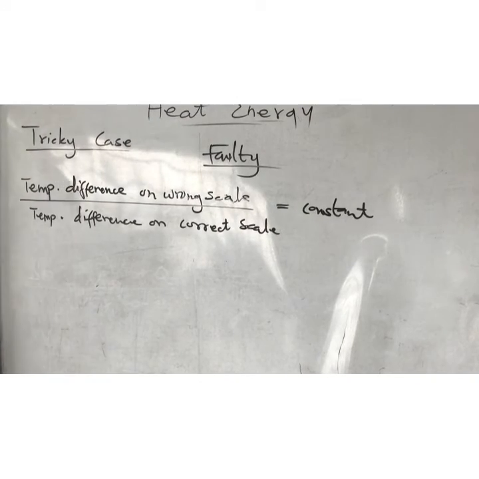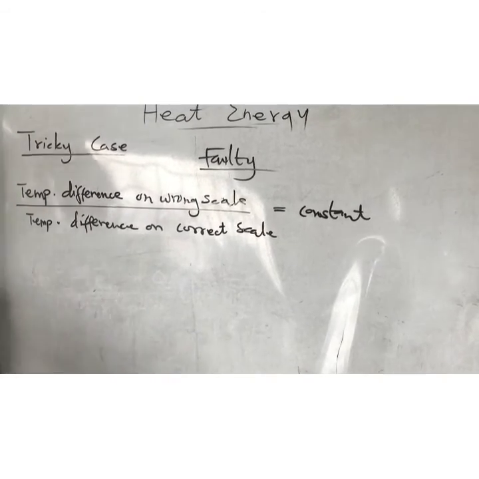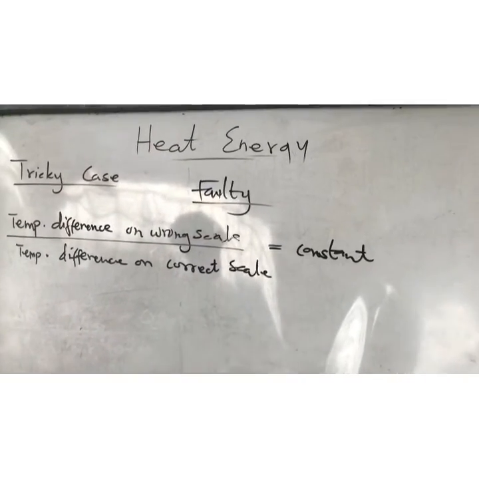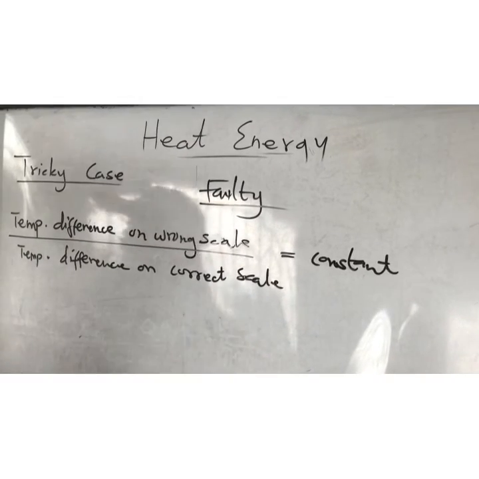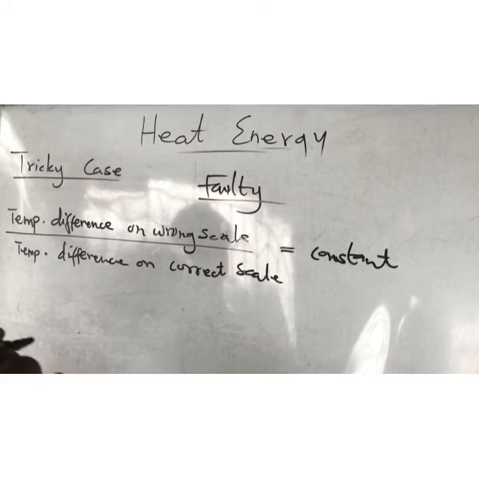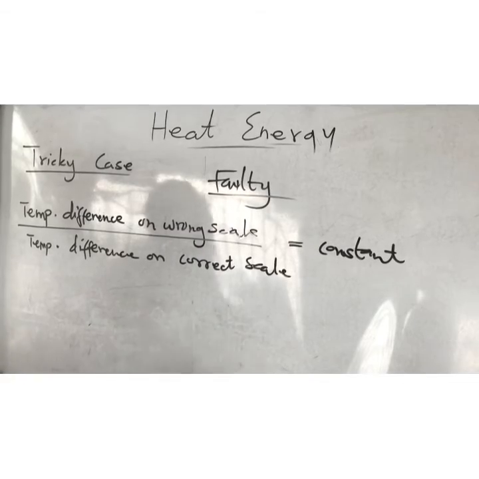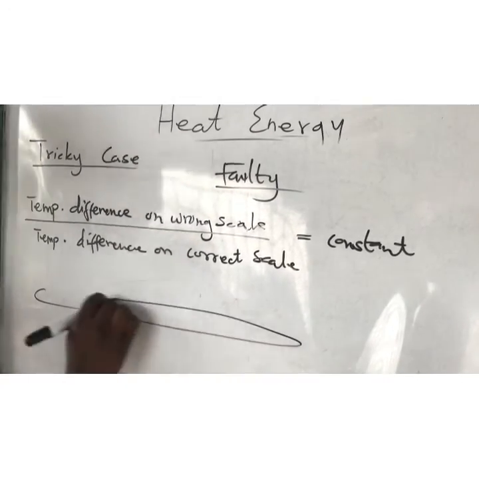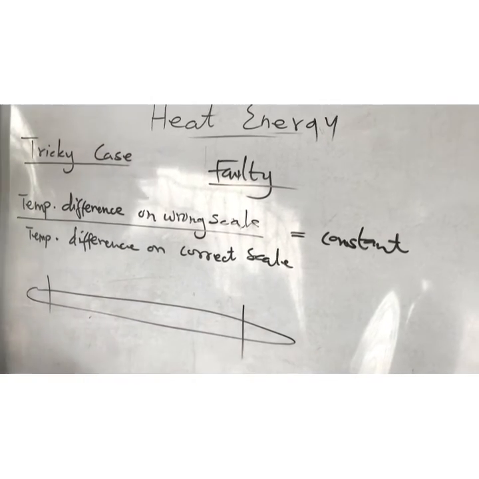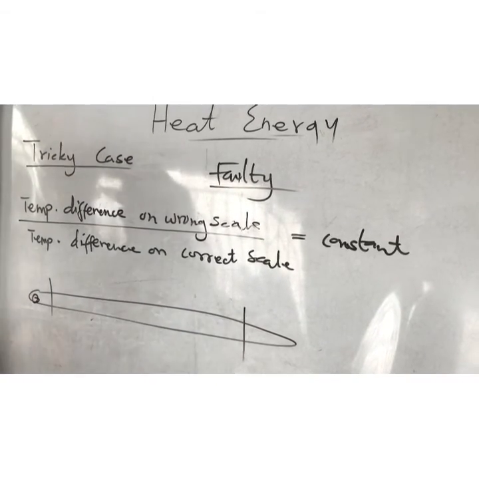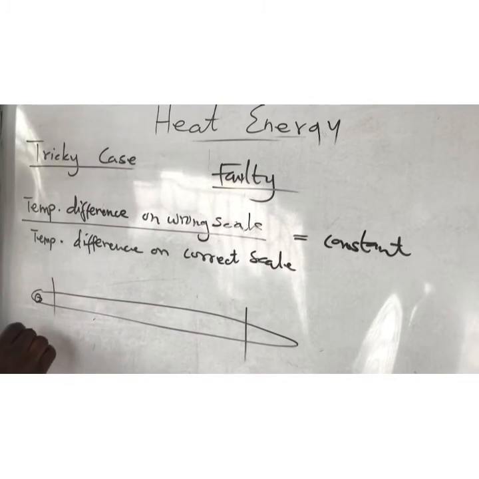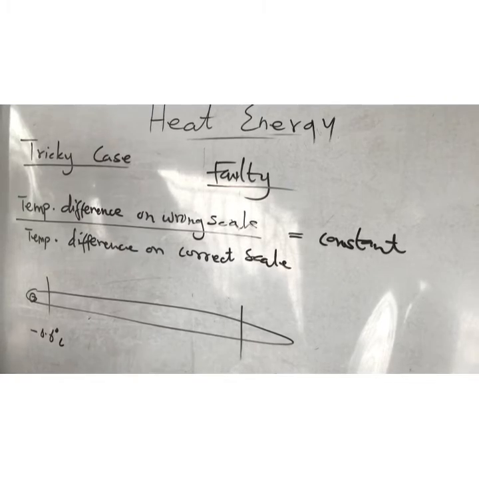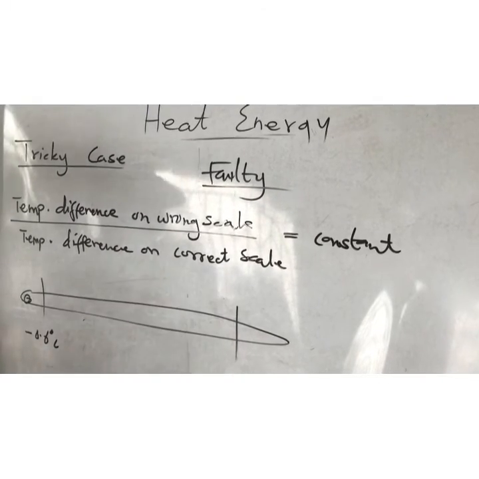So with the example above, we are saying that a faulty thermometer records, faulty meaning the thermometer is not working well. It is recording negative 0.6 degrees Celsius at the ice point. Oh, funny case. Faulty thermometer at the ice point, it is recording negative 0.6 degrees, and 104 degrees Celsius at the steam point.